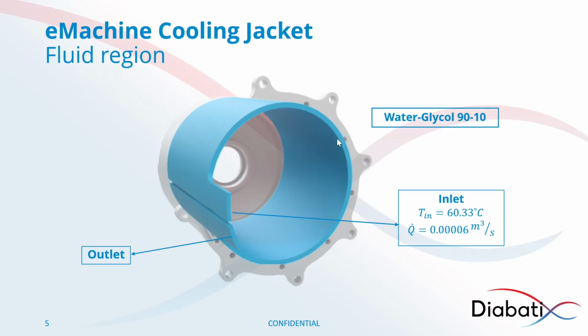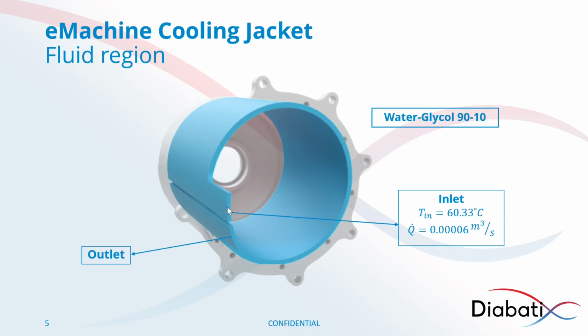What you see here now is the fluid region, and the fluid region is basically the region where your coolant will flow in the cooling jacket, and this you can model in your CAD tool.